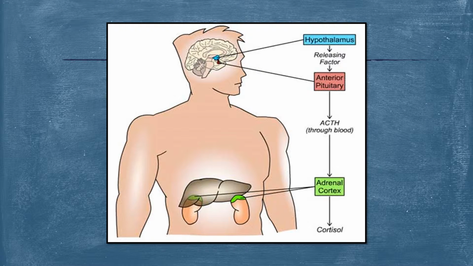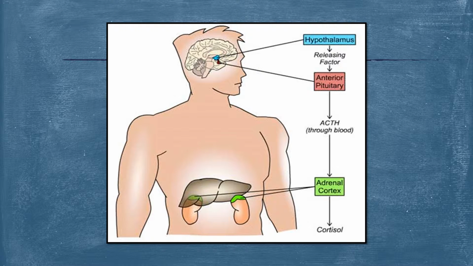So what happens, again, going back to the synthesis here, it starts off in the hypothalamus. When the hypothalamus detects some kind of stress that you may be having, it produces corticotropin-releasing hormone, otherwise known as CRH. When that is produced, it stimulates the pituitary gland to produce the adrenocorticotropic hormone, ACTH, as we mentioned before.